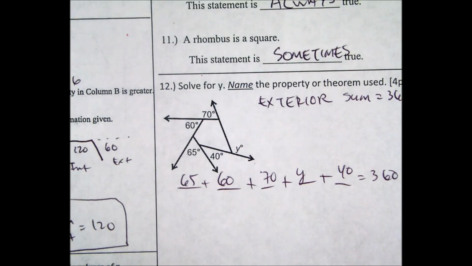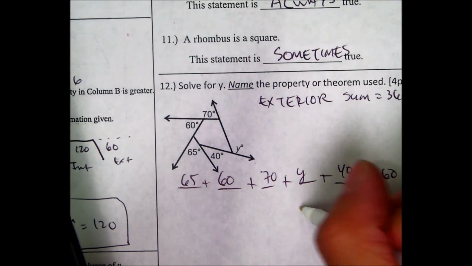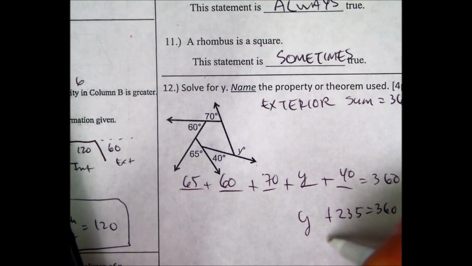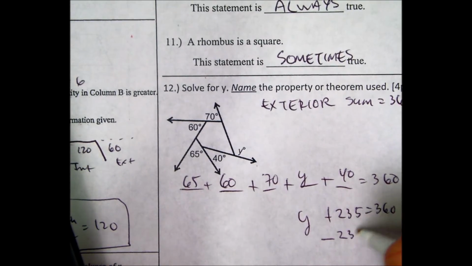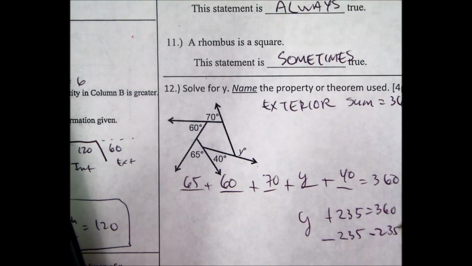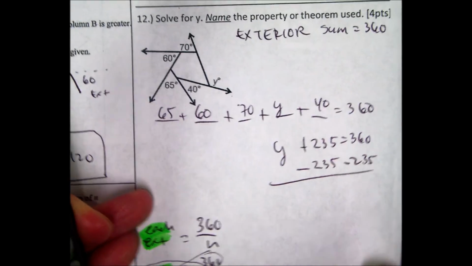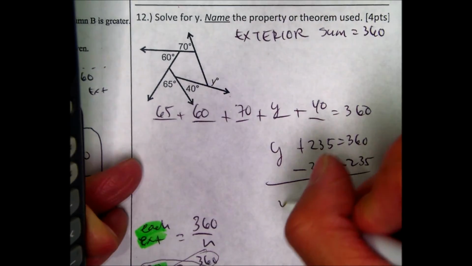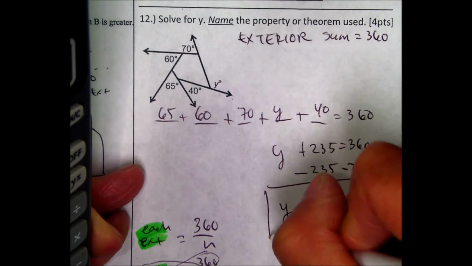So 65 plus 60 plus 70 plus 40. y plus 235 equals 360. And I'm going to go ahead and subtract 235 from both sides. That gives me y equals 125.